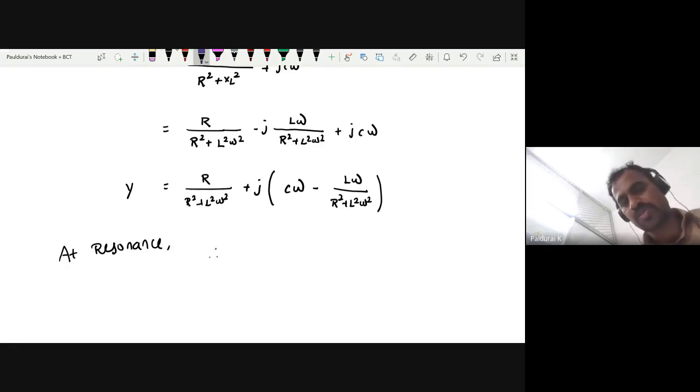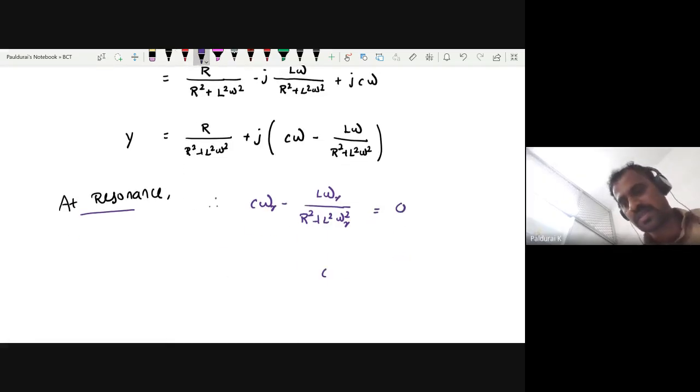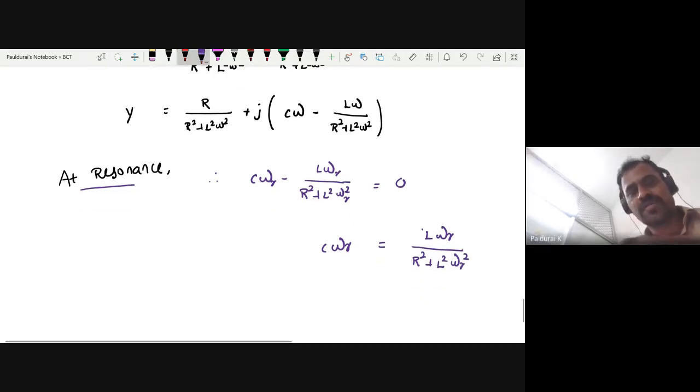So at resonance, C omega minus L omega divided by R squared plus L squared omega squared equals 0, since at resonance omega becomes omega R. So C omega R equals L omega R divided by R squared plus L squared omega R squared. The omega R gets cancelled.